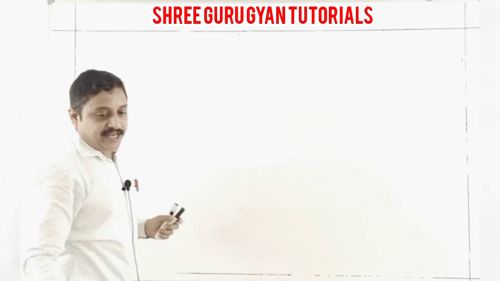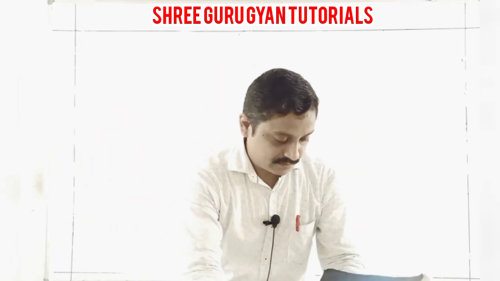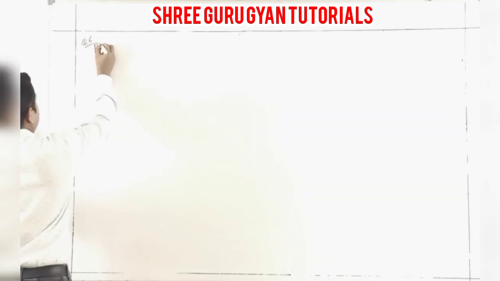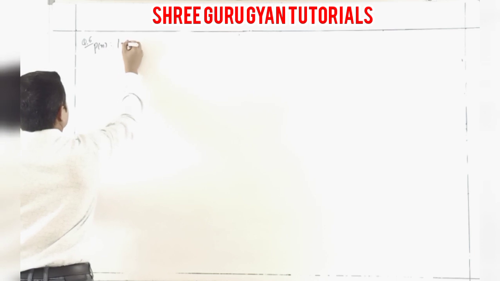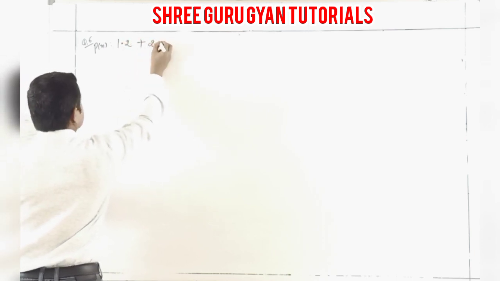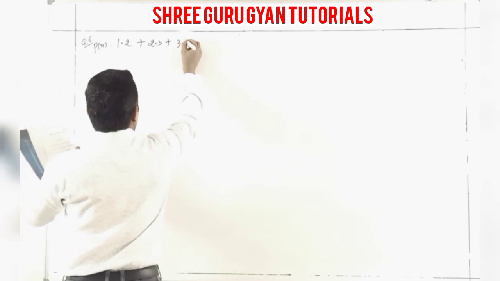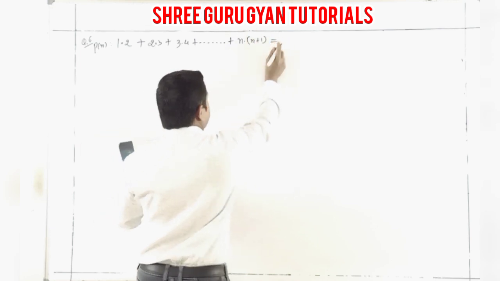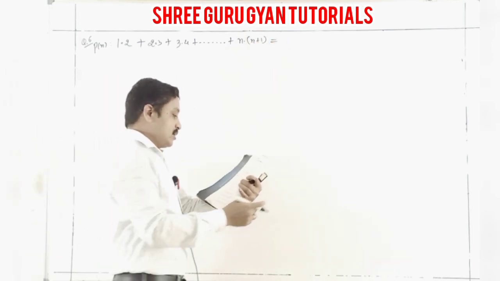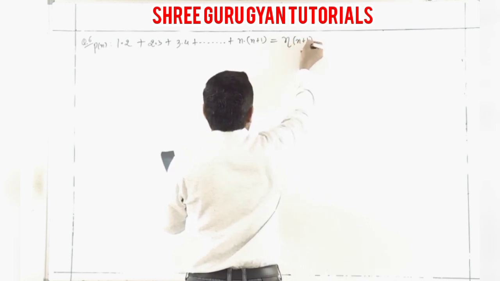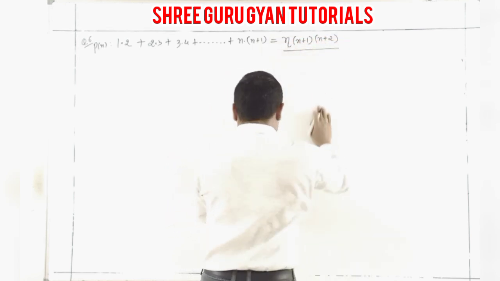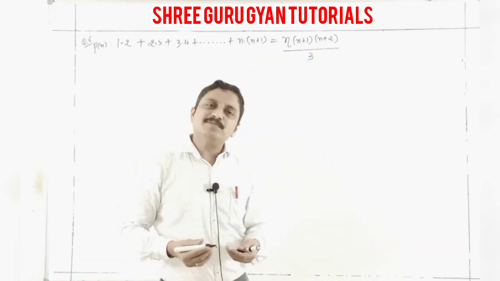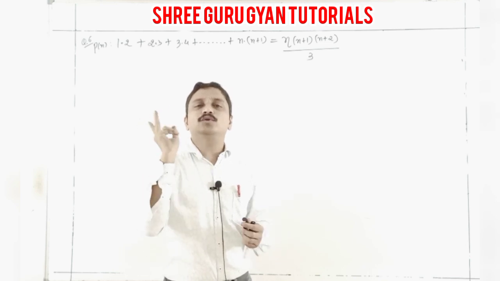So my question is: prove by PMI that Pn, which is given, 1 into 2 plus 2 into 3 plus 3 into 4 plus up to n into (n plus 1), equals n (n plus 1) (n plus 2) by 3. Same expression, students. Similarly, I am going by 2 steps.